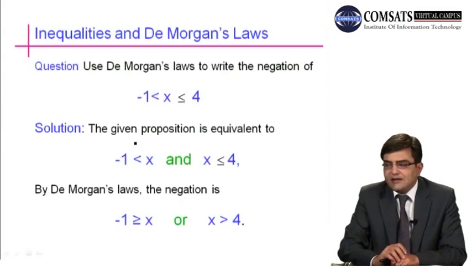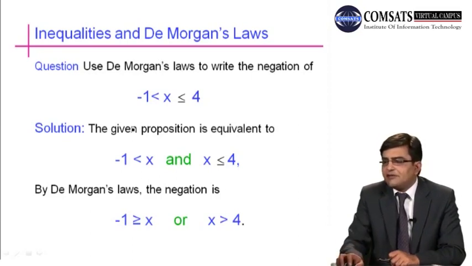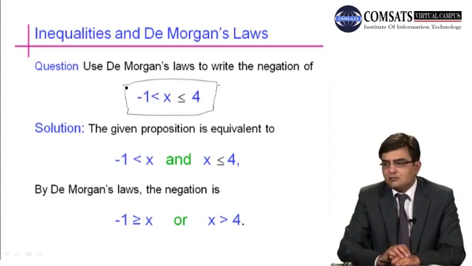Next, I take an example from mathematics which involves the inequality. How will we apply De Morgan's law on inequalities? For example, if we take this inequality, minus 1 less than x less than or equal to 4, you have seen such types of relations or expressions frequently in mathematics.